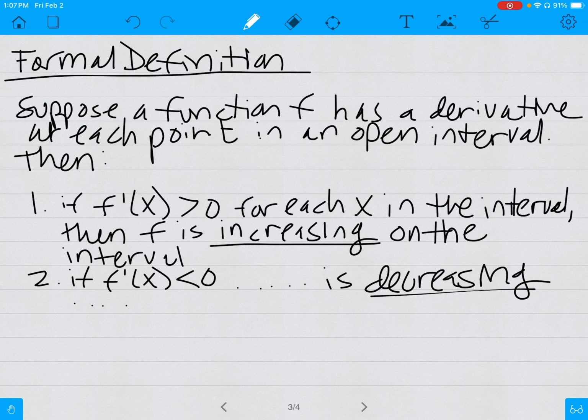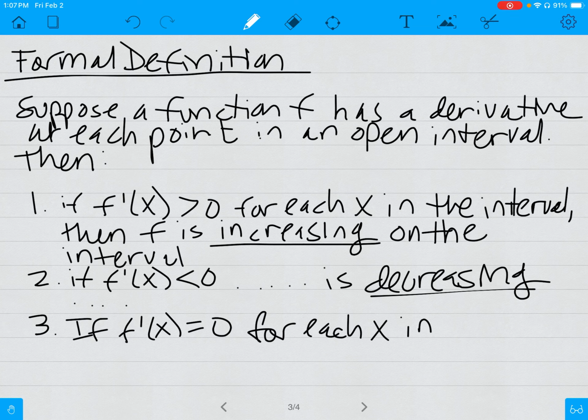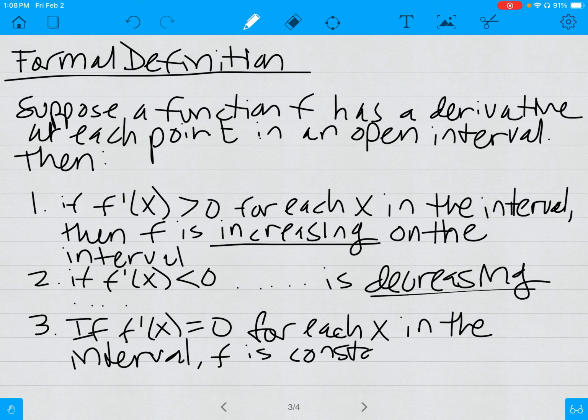But if f prime of x is less than 0 for each x in the interval, then f is decreasing on the interval. And if f prime of x equals 0 for each x in the interval, then we know that f is constant on the interval.